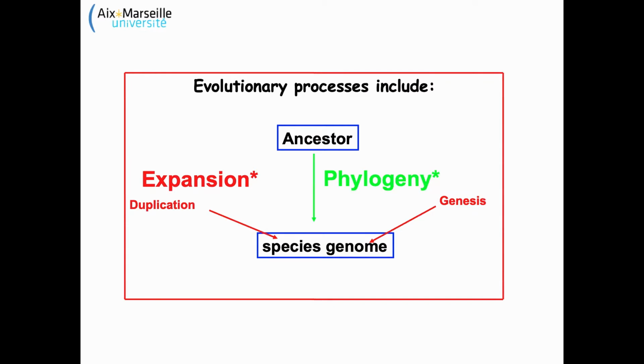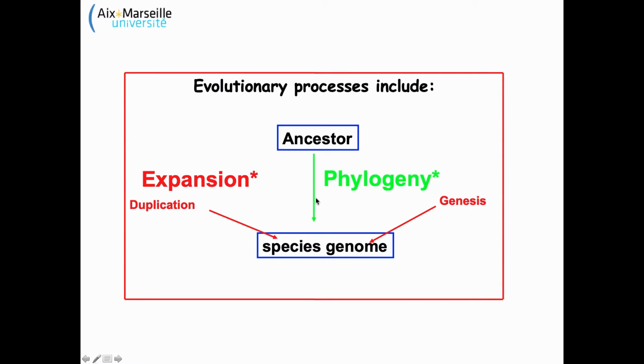And so now the evolutionary process. When I say a tree of life, it's a kind of summary of what happened during evolution. What are the types of evolutionary processes you can have for a genome or for a species? From the ancestor, you can have, through speciation, new genomes or species genomes.